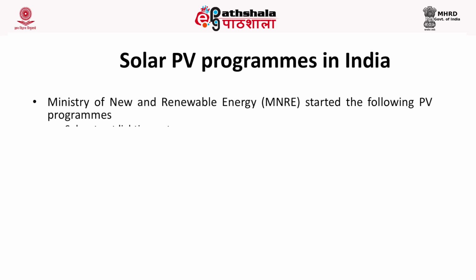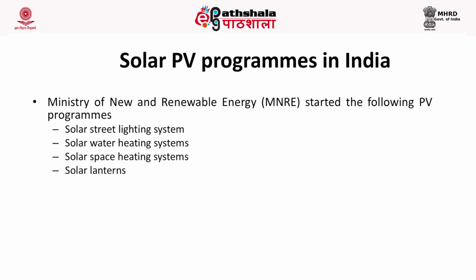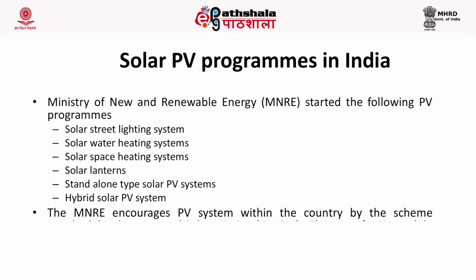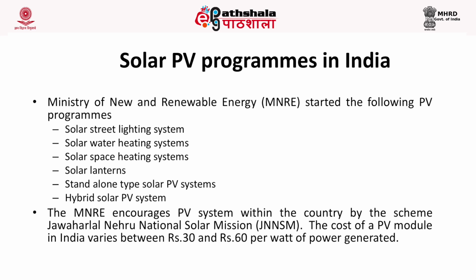Solar PV programs in India. The Ministry of New and Renewable Energy started PV programs like solar street lighting systems, solar water heating systems, solar space heating systems, solar lanterns, standalone type solar PV systems, and hybrid solar PV systems. They encourage PV systems within the country by the scheme of JNNSM, that is Jawaharlal Nehru National Solar Mission.